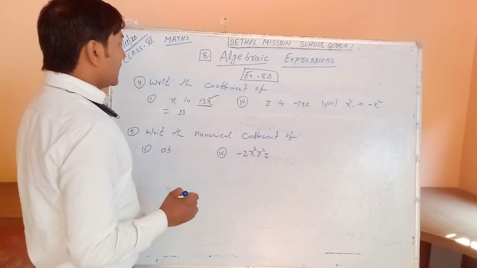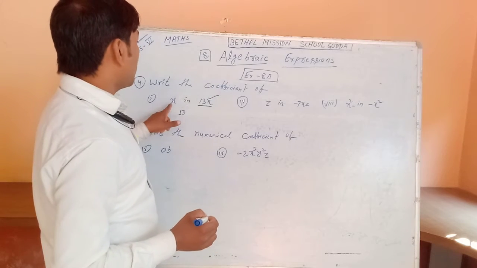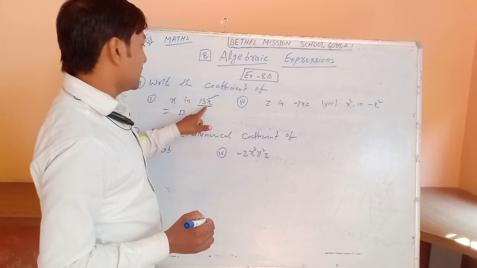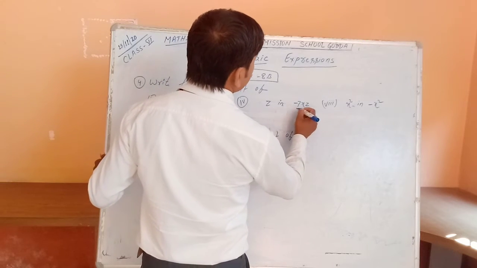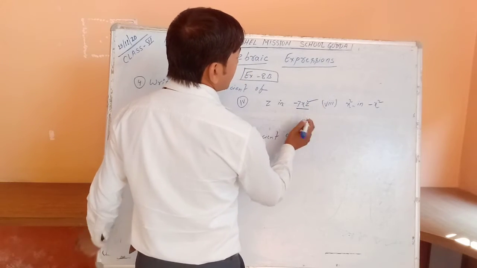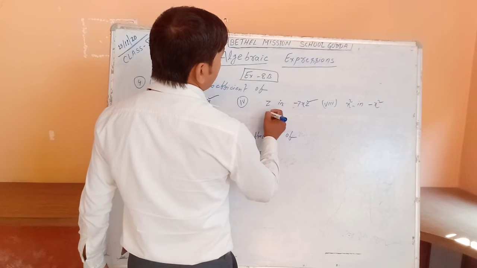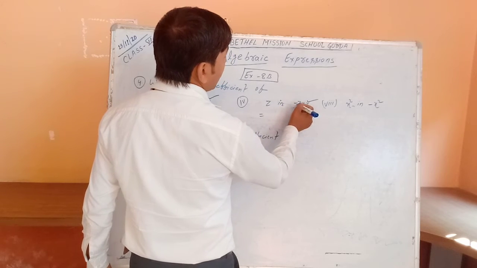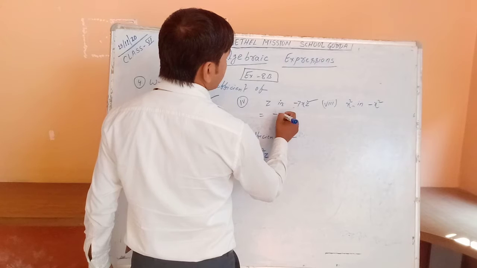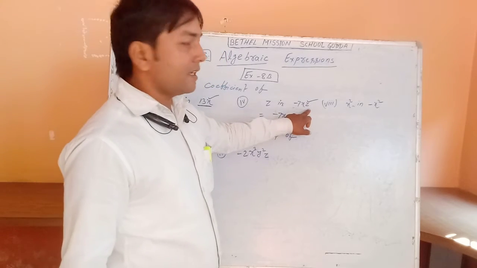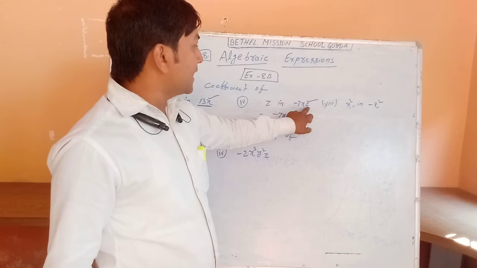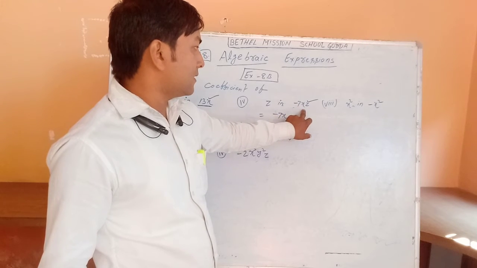You can write the coefficient of x is 13. Here, z, what is the multiple? z is multiplied with minus 7x. So minus 7x is the coefficient of z.